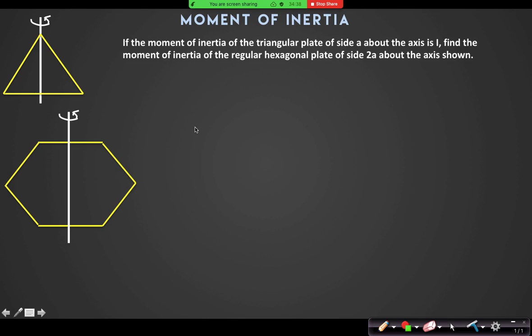Look, here one thing you should understand. Suppose I have any arbitrary shaped object, and I know the moment of inertia about this axis, passing through its center of mass, or about any symmetrical axis, is I. Now I have a similar structure, exactly the same, but I have made all the dimensions double.